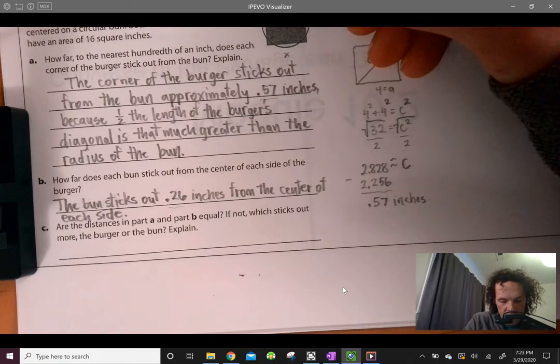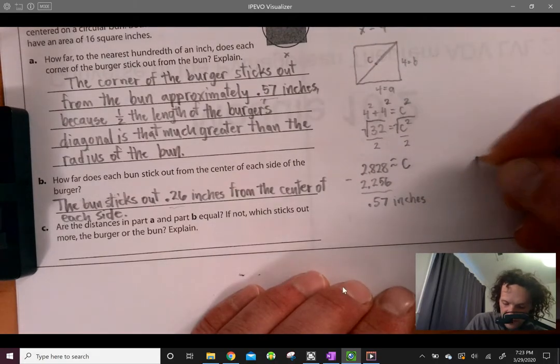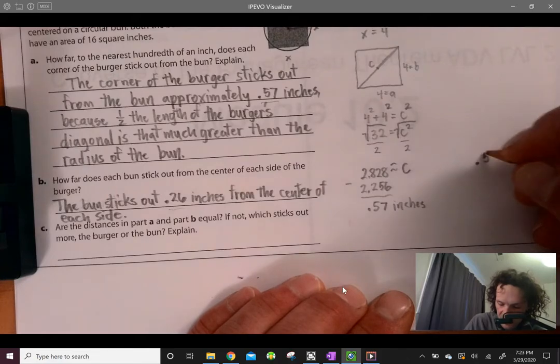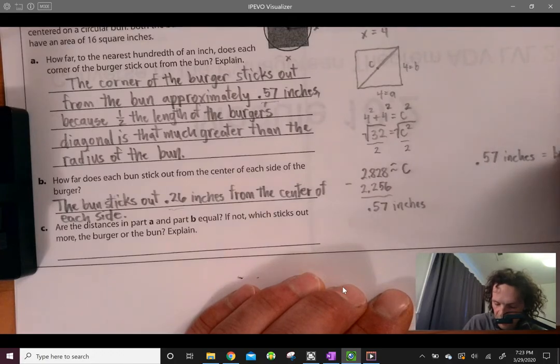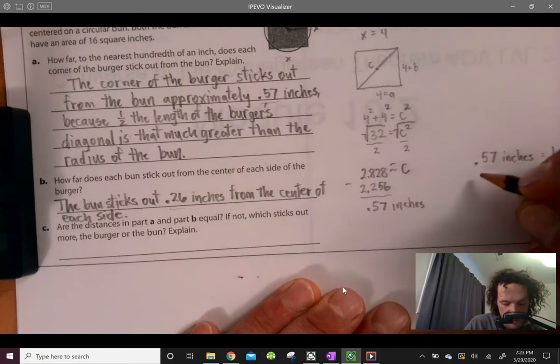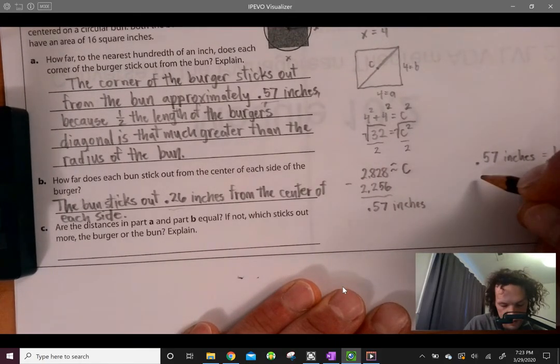So the burger sticks out 0.57 inches, that's the farthest out, and the bun sticks out 0.26 inches.